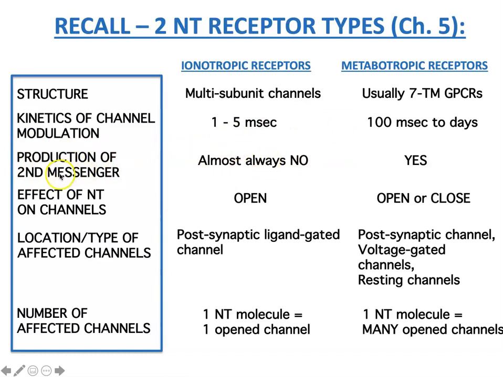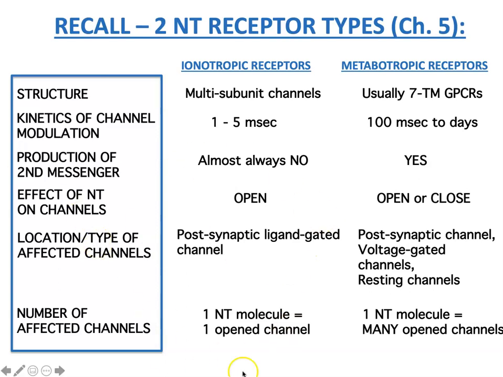If the ionotropic receptors are bound by the neurotransmitters, they tend to open, they rarely close. We typically find these receptors on the postsynaptic side, and we tend to call them a ligand-gated channel, right? Because you have to have the neurotransmitter bind to it.